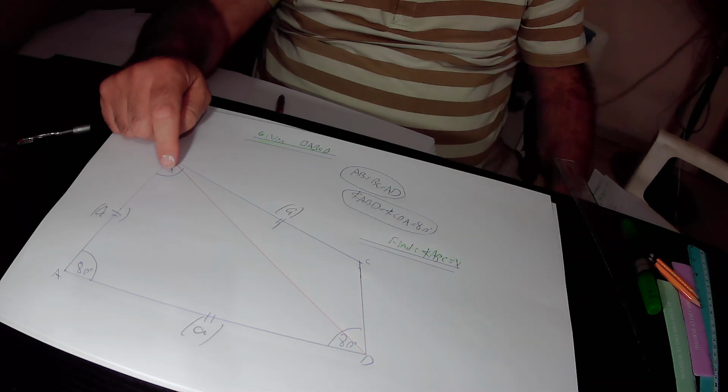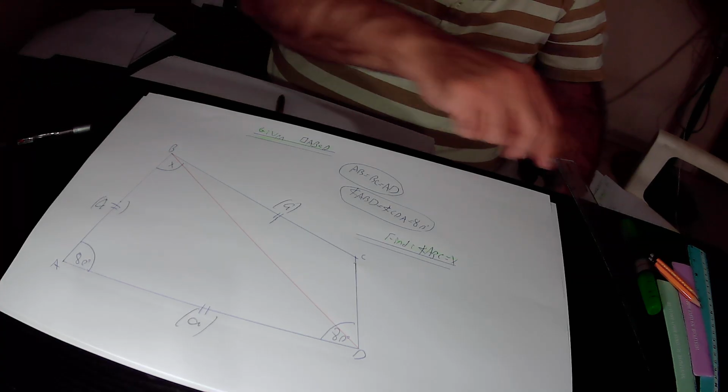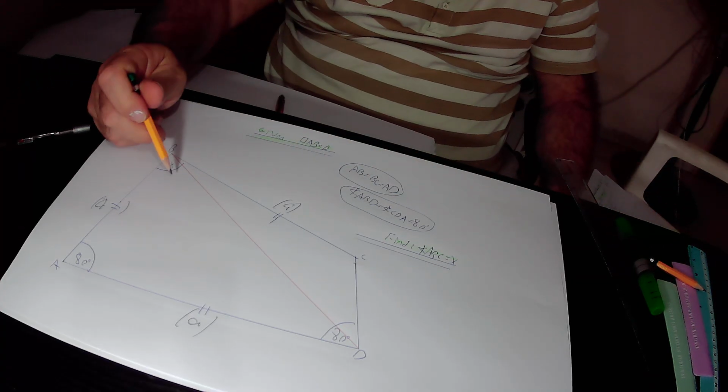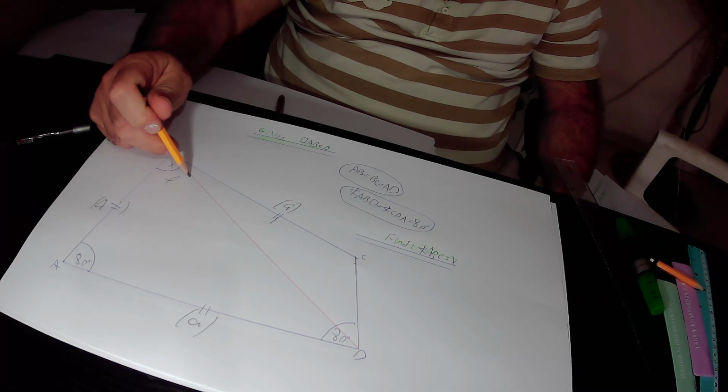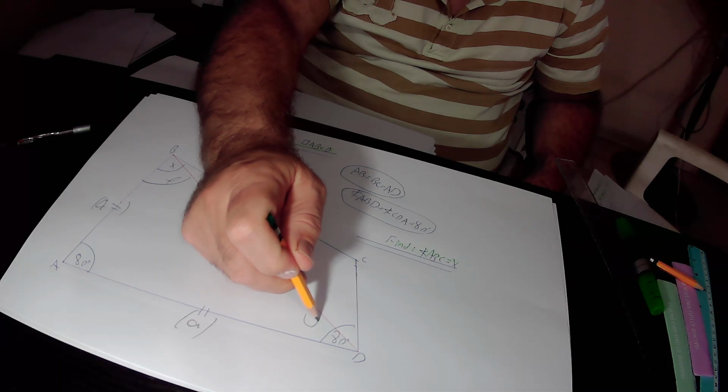So if we define the size of this angle as alpha, then the size of this angle must also be equal to alpha because they are equal to each other.